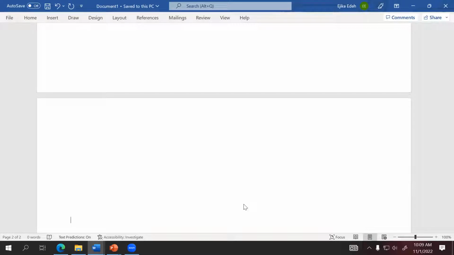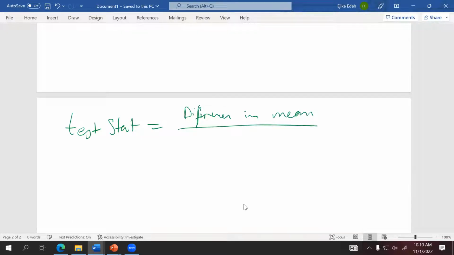But see the similarities between all of them. In all the test statistics, we construct it by finding the difference in mean and divided by standard error. This is the general formula. So you now go in and fit in what is required in each case.